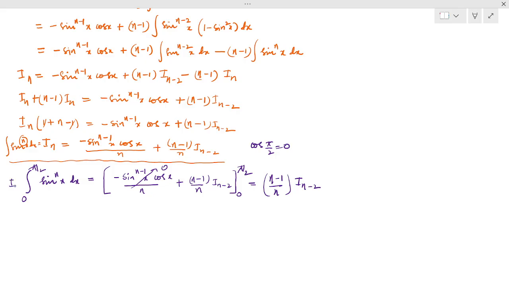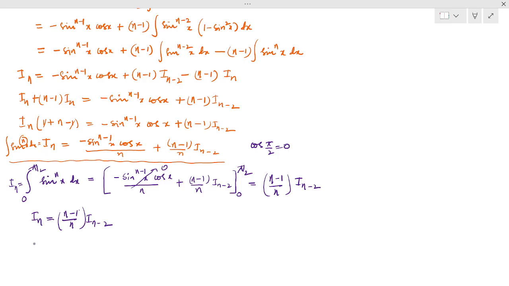Therefore, as usual, you people know that this is I_n, so I_n can be written as (n minus 1) divided by n times I_(n-2). Look, we have expressed I_n in terms of I_(n-2). As I told you already, the reduction formula expresses the higher degree terms in terms of lower degree terms. Now we are going to calculate I_(n-2).